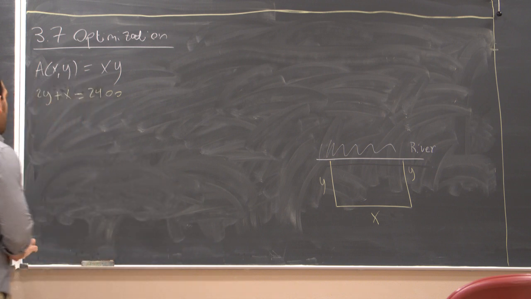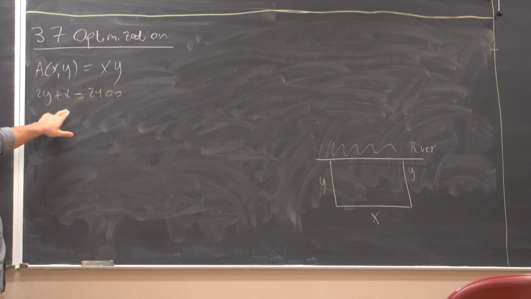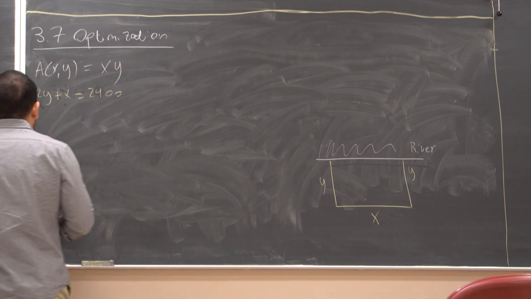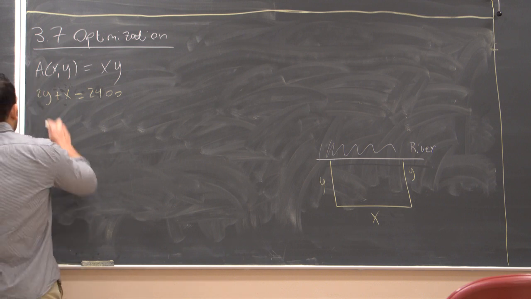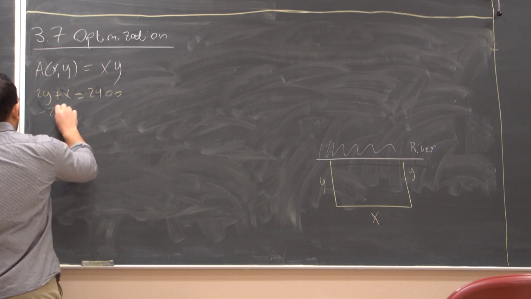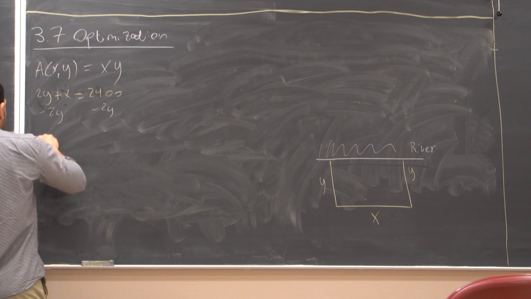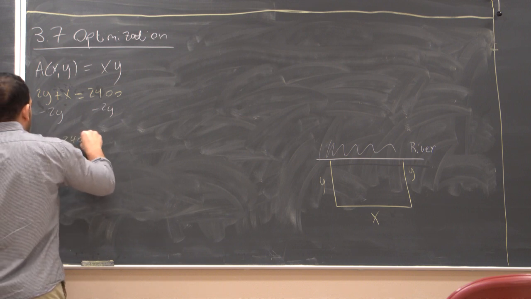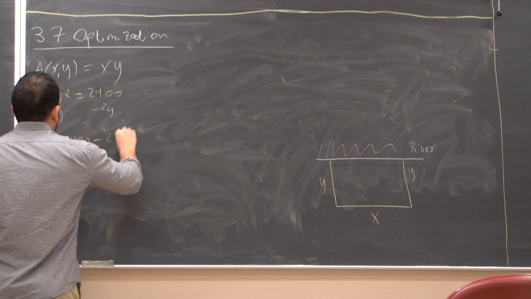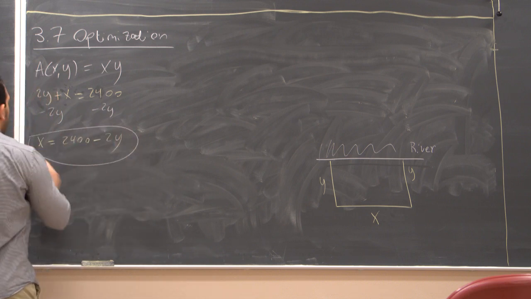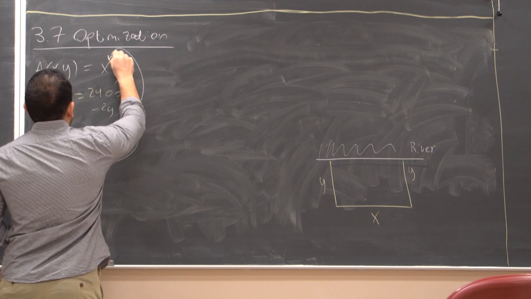Now the easiest thing would be to just get X in terms of Y, because you don't want to solve for Y. That will require some division by 2 and stuff. So what we can do is, if you subtract 2Y from both sides, you get that X is going to be 2,400 minus 2Y. What we're going to do is stick this X in here, for the X in there.